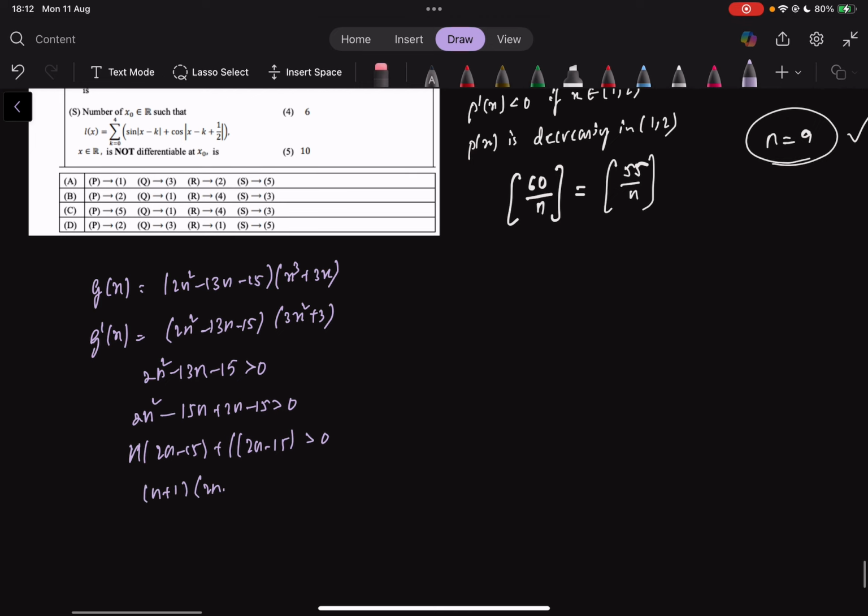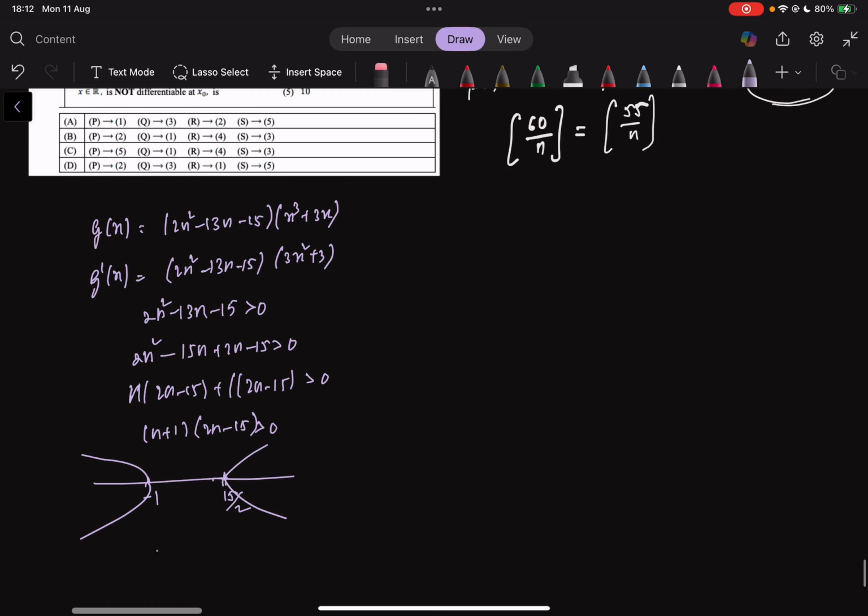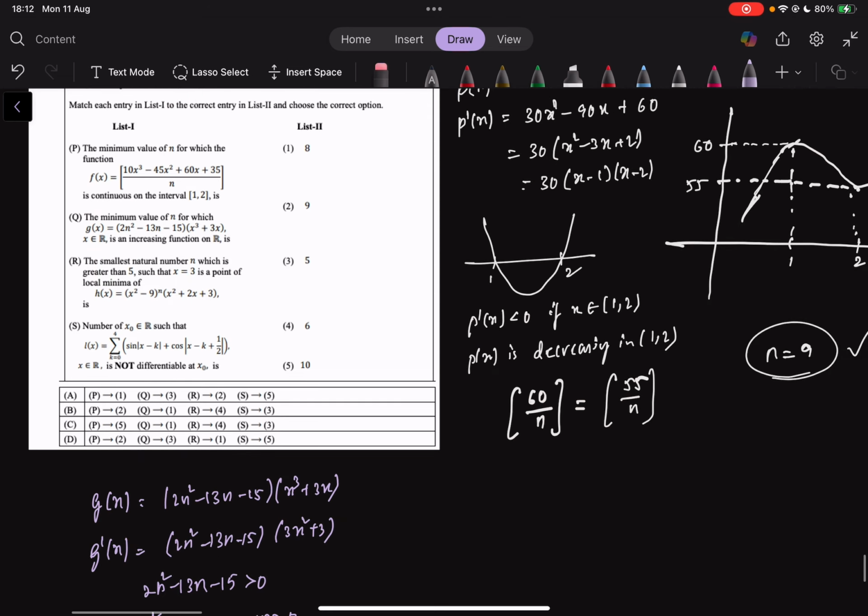So (n + 1)(2n − 15) is greater than 0. That means either n is less than −1 or n is greater than 15/2. So the minimum value of n that is greater than 15/2 is 8. So basically for this it will be 8 and for this it will be 9.